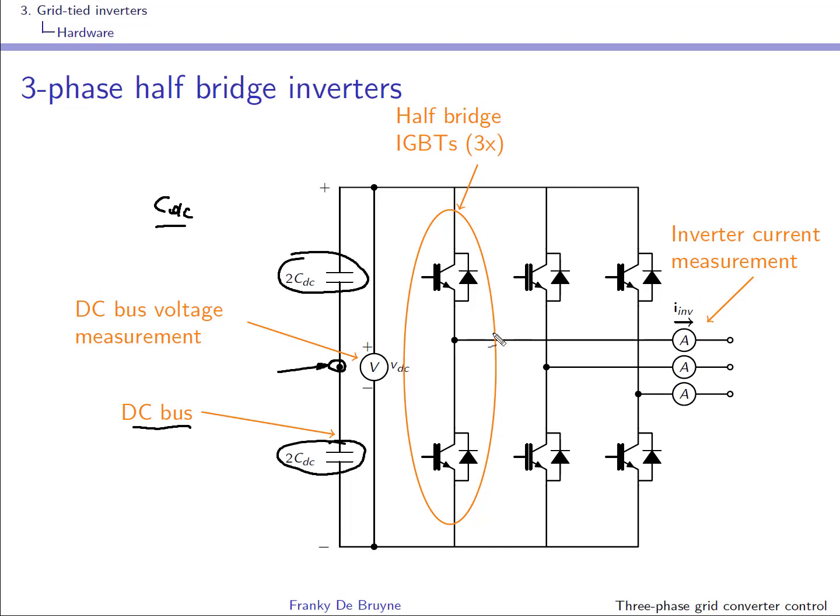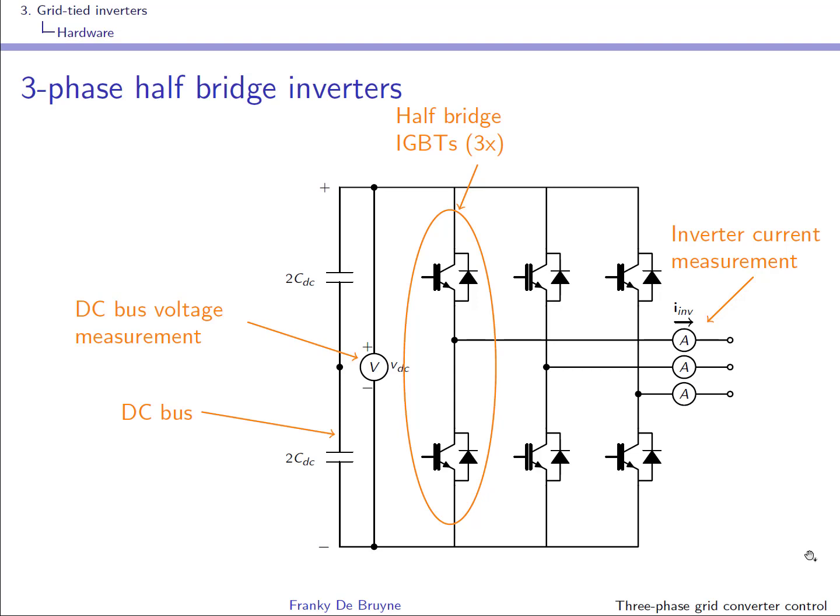The current flowing through each leg is available for measurement, and it's collected in this vector. You can see it's a vector because the I is in bold, and the current is defined as positive when it's flowing out of the inverter.